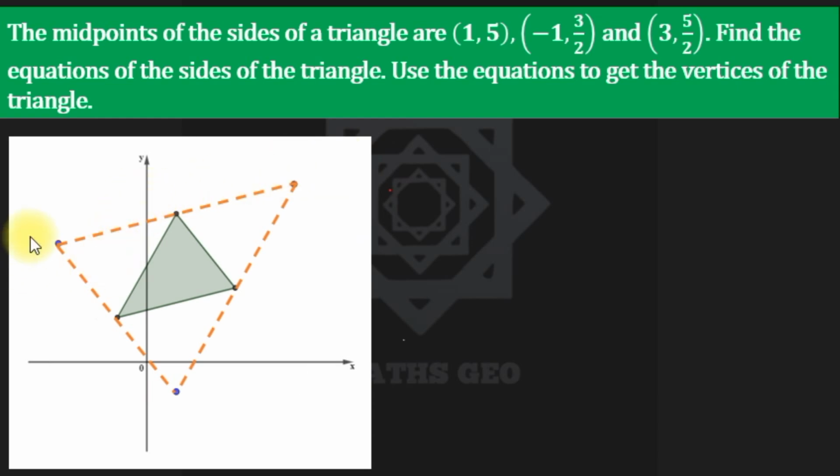So let's name it A, B, and C. Now the midpoints: this one, the negative one, let's call it D, which is (-1, 3/2). This one is E, (1, 5).